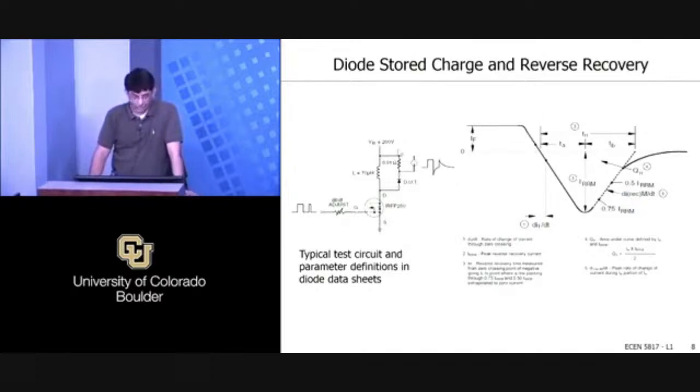But in a more realistic diode, you're not going to have that kind of snappy behavior. What's shown here on this slide is essentially something out of a diode data sheet. It shows you the results of a test done on a diode when the diode is being turned off in a circuit very similar to the circuit that we were just looking at, except it doesn't have all the paraphernalia, but it has a device that's turning off while the current before that was running in this diode.